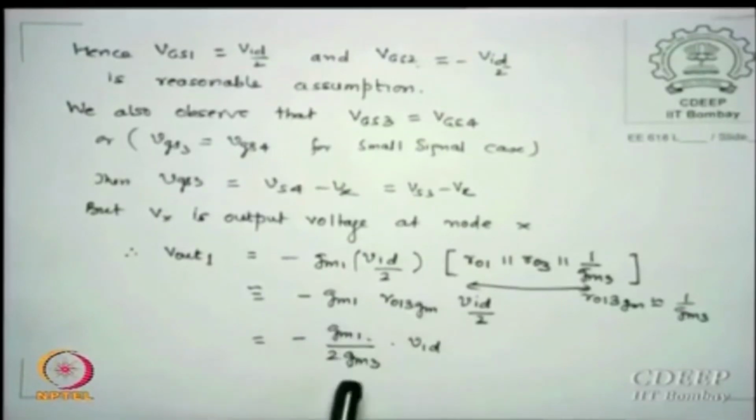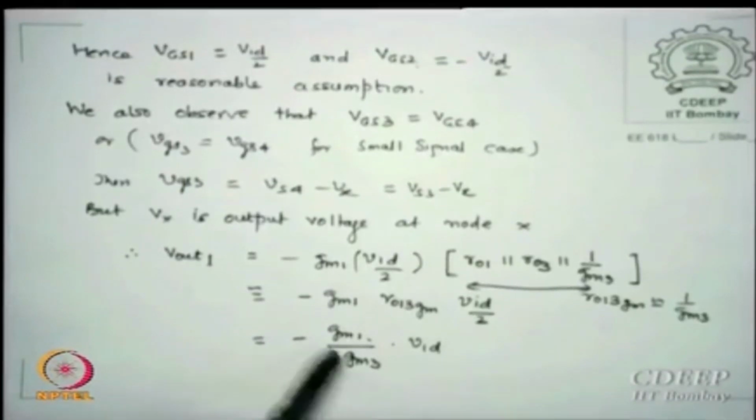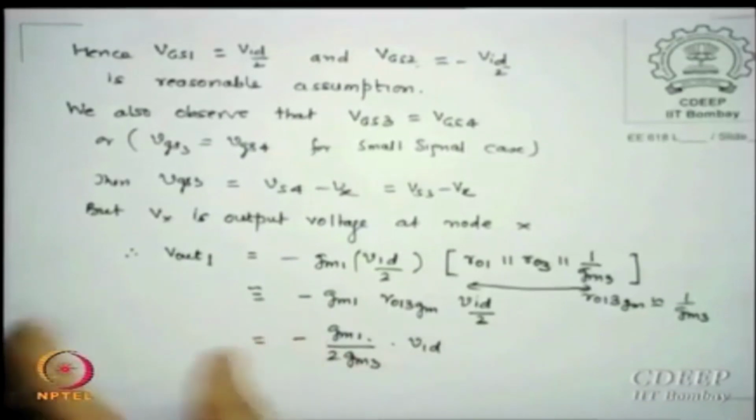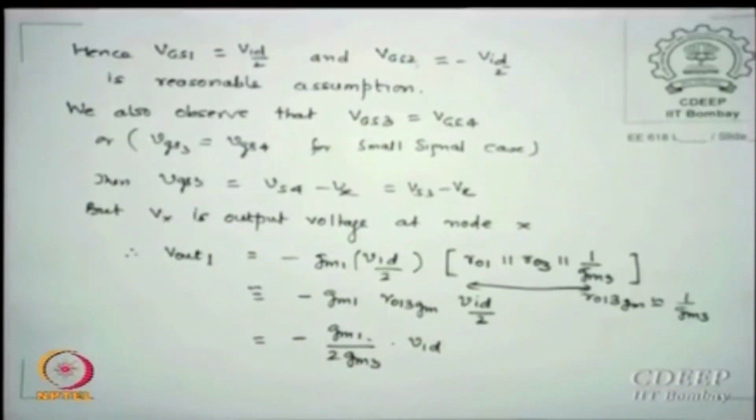If finally it becomes GM3 dependent, which is the smallest among them, or 1 upon GM3 is very small compared to the ROs, then GM3 will dominate, and you get GM1 upon 2 GM3 times VID. Now the fact that this is the output of the first stage, M1 and M3, and is going to be the input for M4, is what will be utilized to get the final VO value. This derivation is necessary simply because it is going to be an input to M4 on the other side. Is that okay?